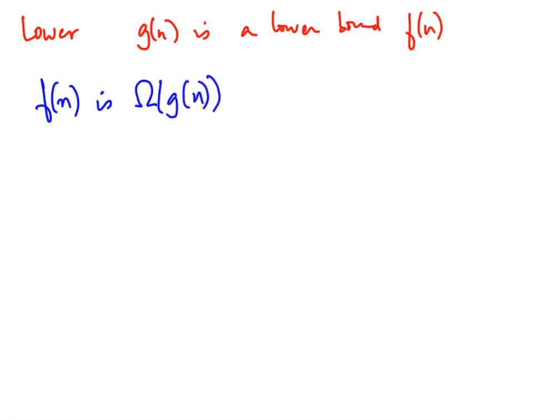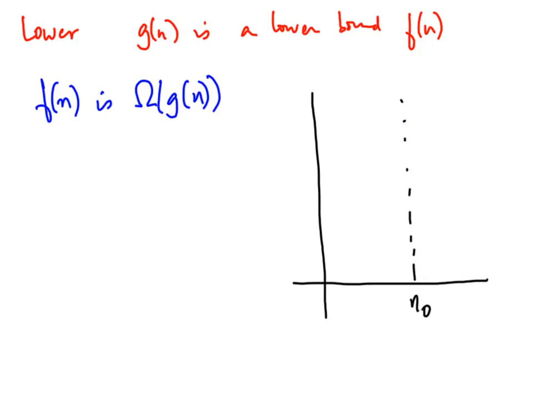So here the picture is reversed in terms of the curve. Again, we have some point up to which we are not interested in what happens. And now we'll find that we have this g of n here, and the function that we are interested in always lies above it. Okay? And once again, because we are only looking at orders of magnitude and ignoring coefficients and constants, we'll have a c times this.